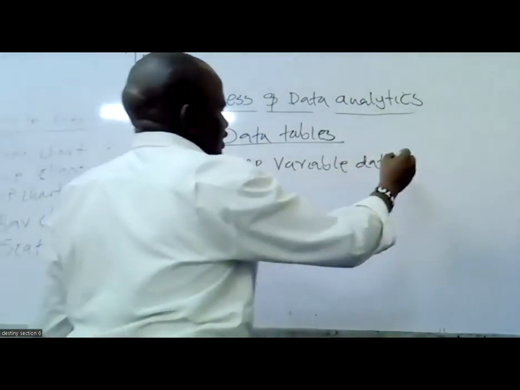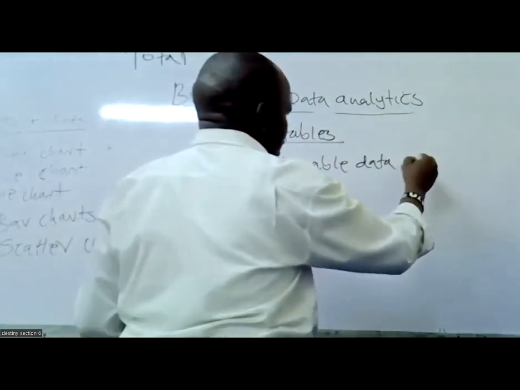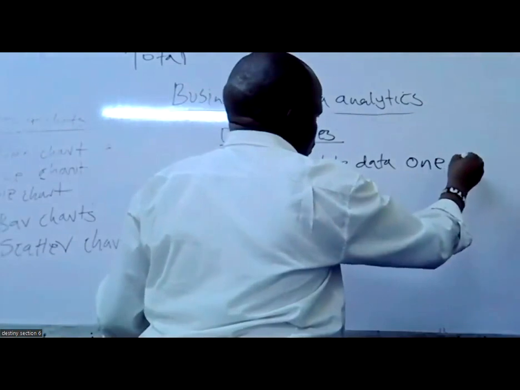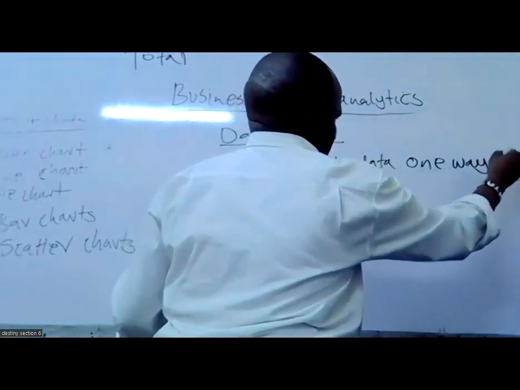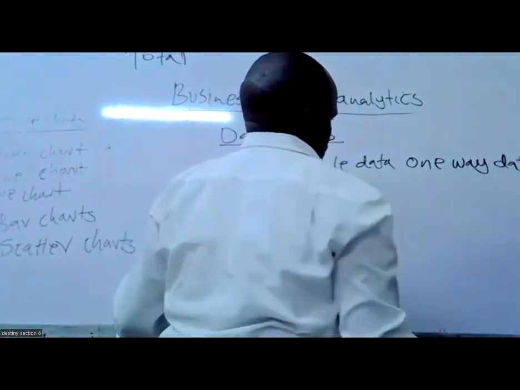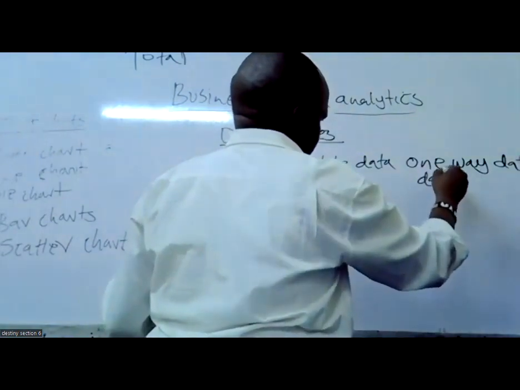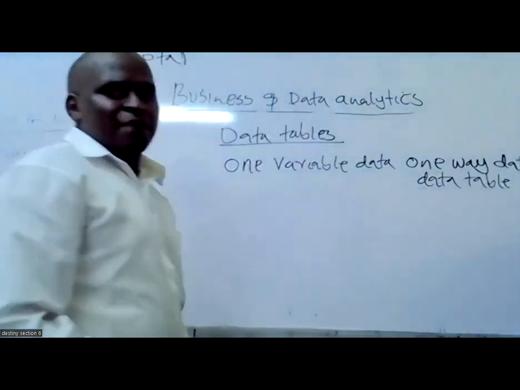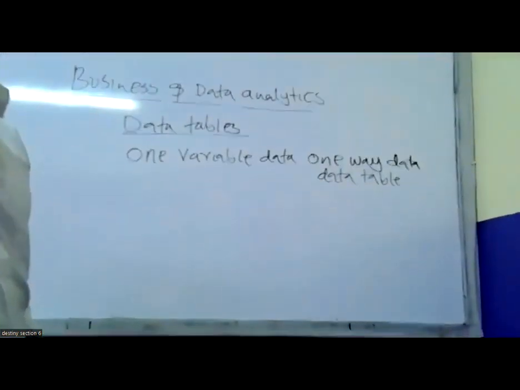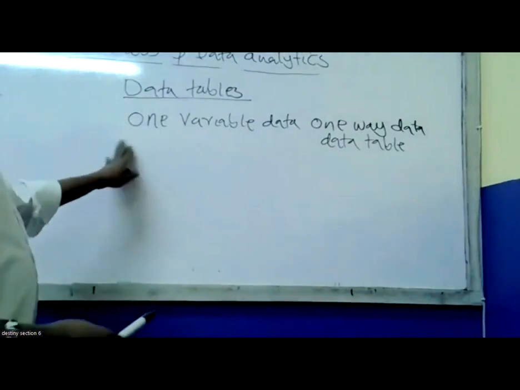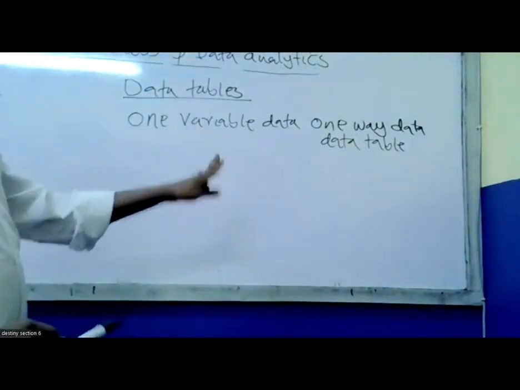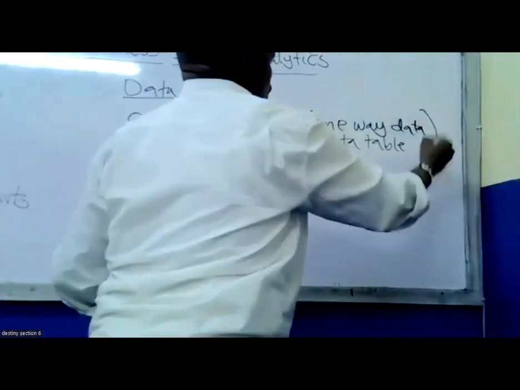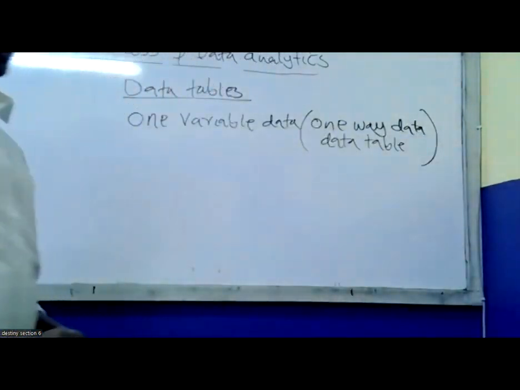Sometimes we call this the one-way, you can as well call it a one-way data table. This is one and the same thing. So one variable data table, or you can as well call it a one-way data table.